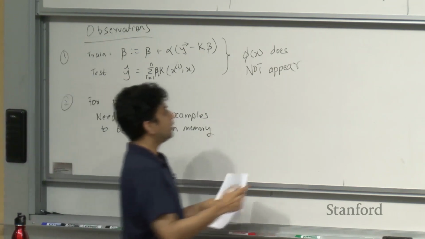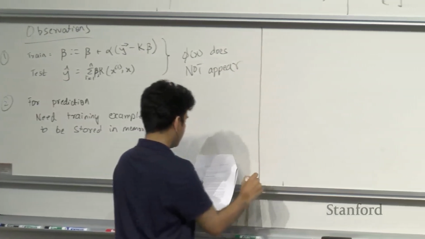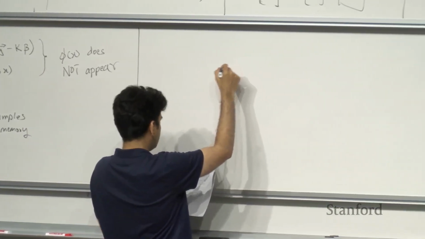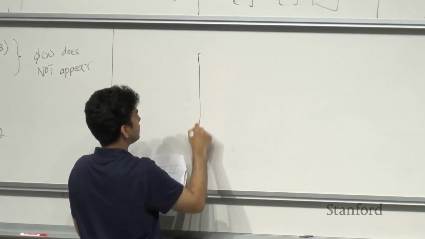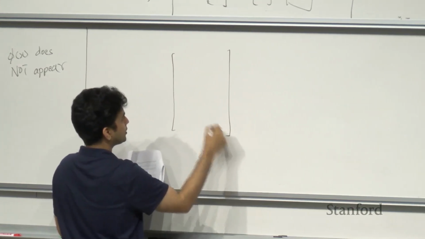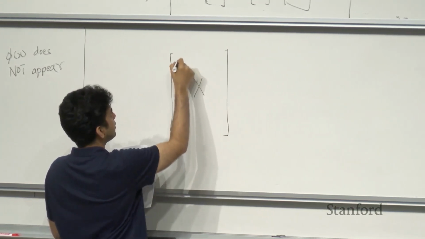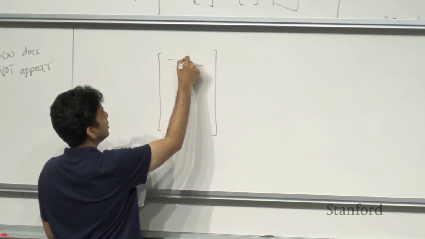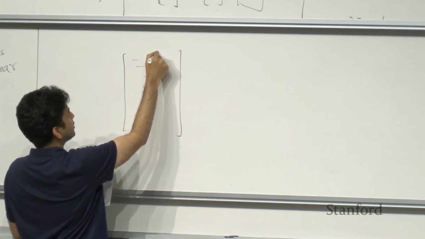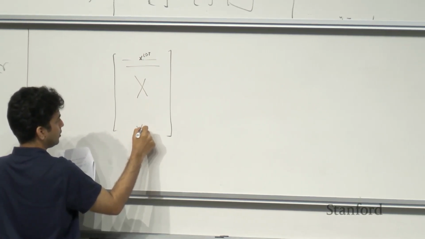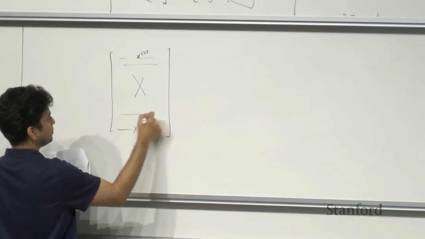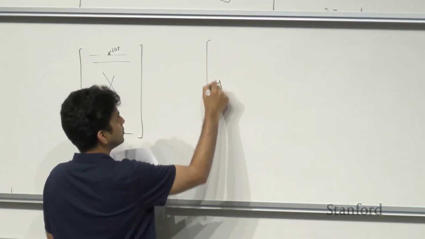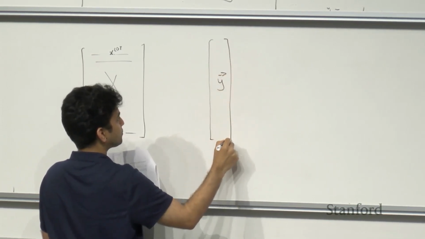And to better understand what was happening, let's assume that in linear regression we were given a matrix. So this was the design matrix X, where each row is an example. Let's call this X1 till Xn, and we had Y. Right?